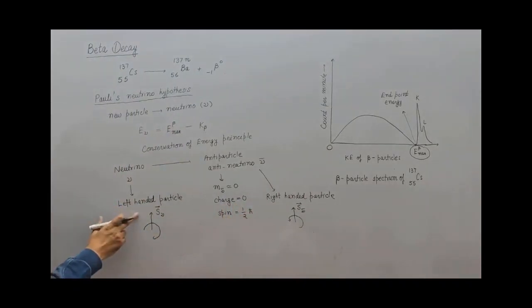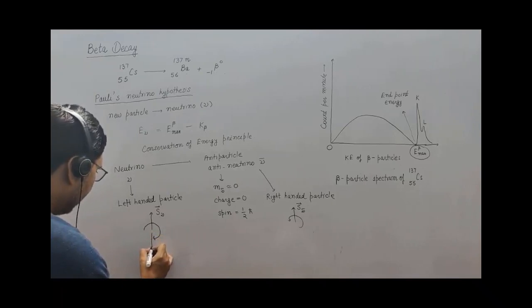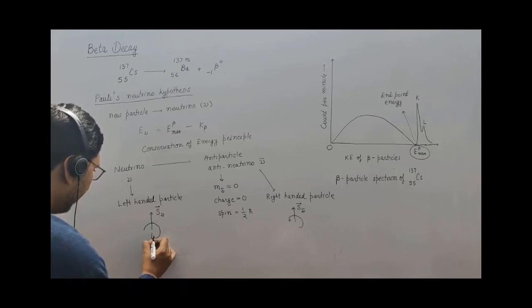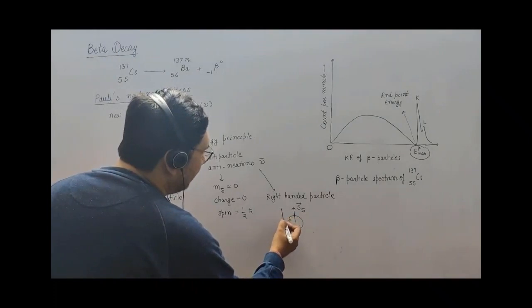And because this is a left-handed particle, its spin will be opposite to its momentum. So the momentum carried by this will be in the opposite direction. While in this case, momentum will be in the same direction.